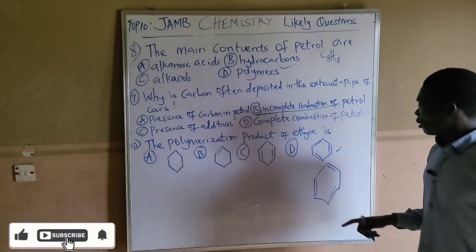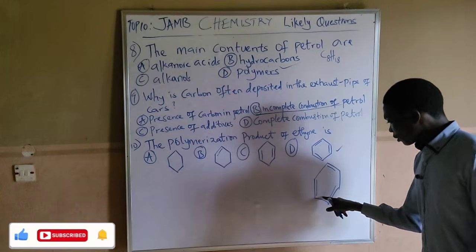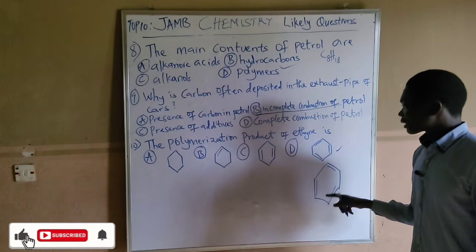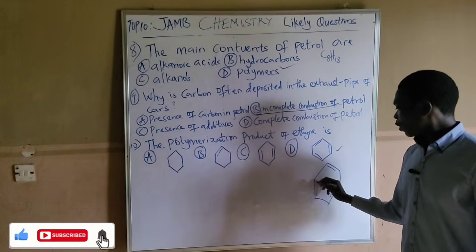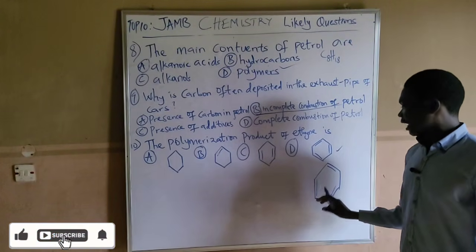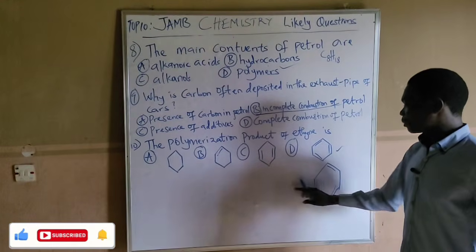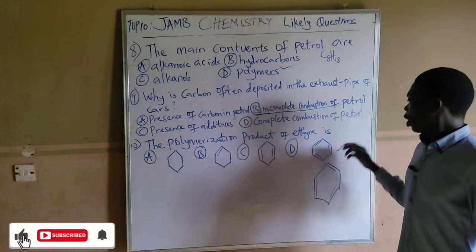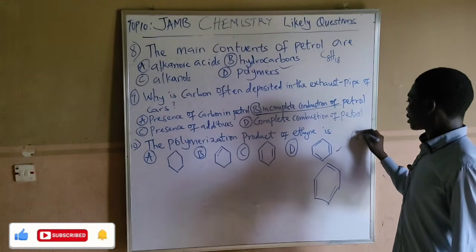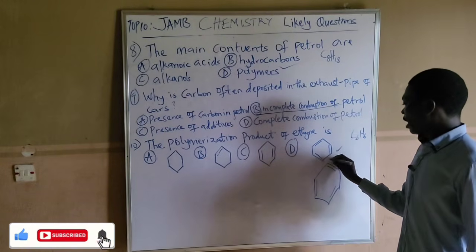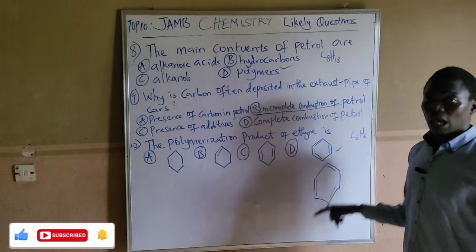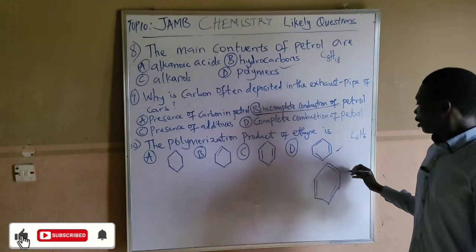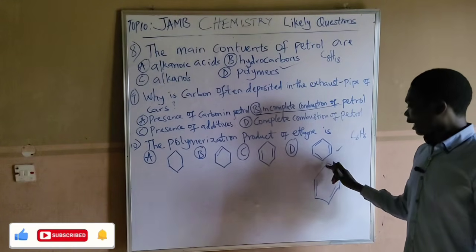Because carbon can only accommodate 4 bonds maximum. So when you put one carbon here, there is another hydrogen joined to it, one hydrogen, because benzene has C6H6. So each of these angles tells us that it is carbon that is present in those angles, and one hydrogen joined.